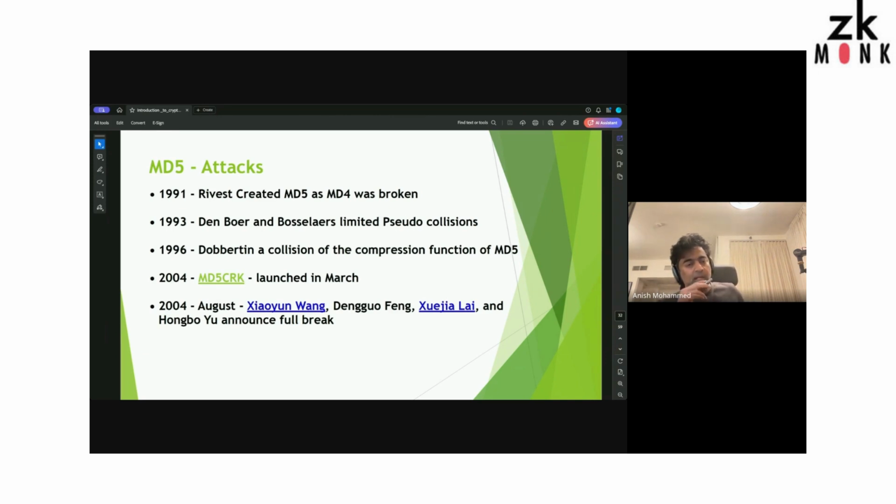In 93, two people found some limited pseudo-collisions, and then Dan Dobbertin completely broke the compression function. In 2004, I don't know why it took so long, a distributed MD5 cracking effort was launched. As soon as it was launched, a bunch of Chinese cryptographers published a paper claiming a complete and utter break. Now, if you're cynical and have conspiracy theories, that will be interesting, but I shall leave it to you.